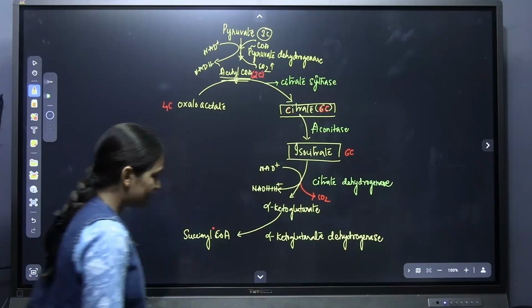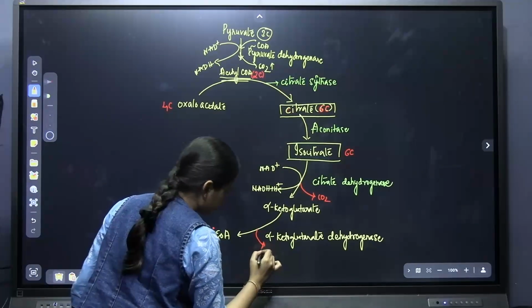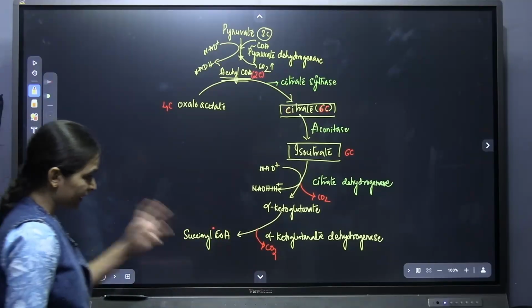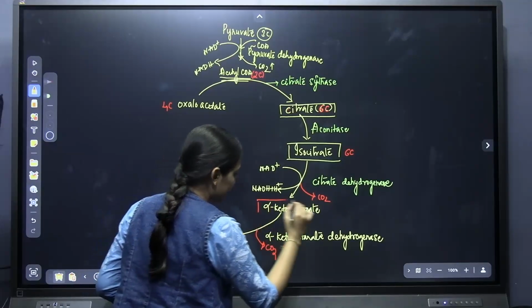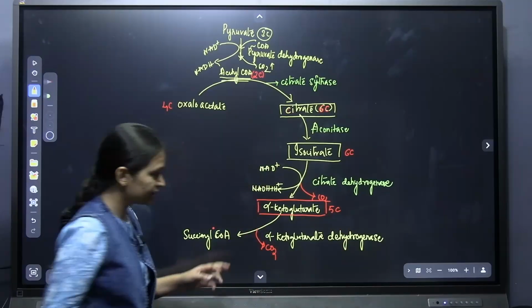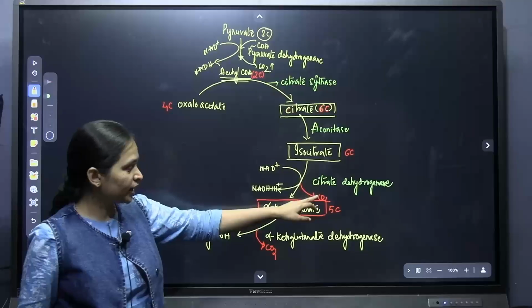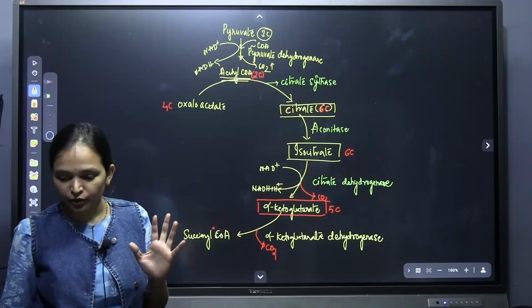Even in this, there will be evolution of one molecule of CO2. And before that, one important thing, the alpha ketoglutarate is a 5 carbon molecule, isn't it? Because it was 6 carbon, 1 carbon evolved, and the remaining alpha ketoglutarate is a 5 carbon molecule.